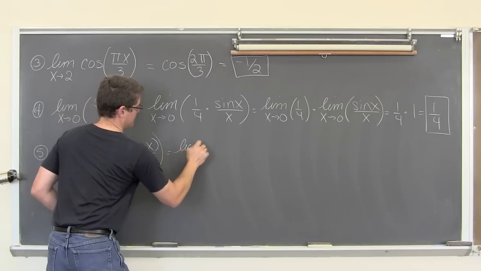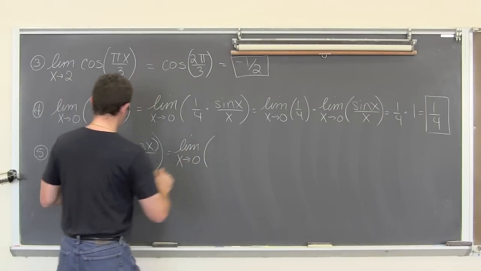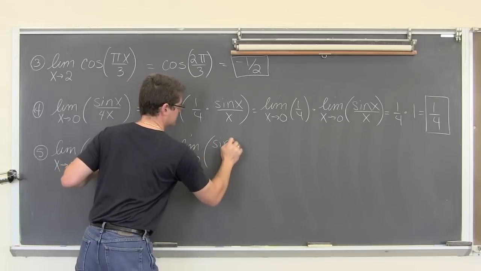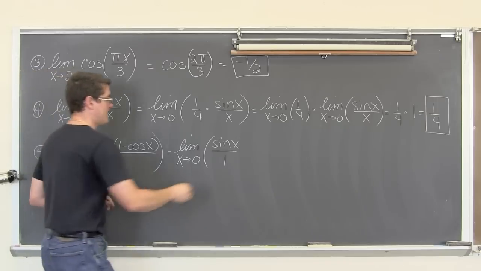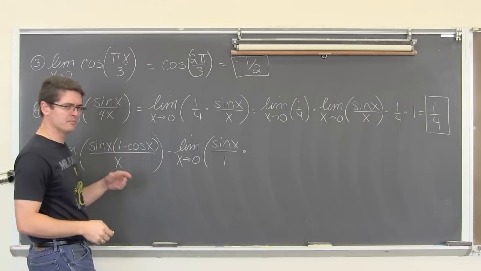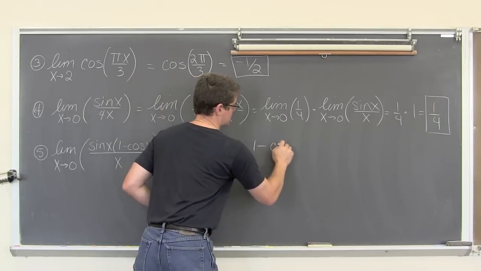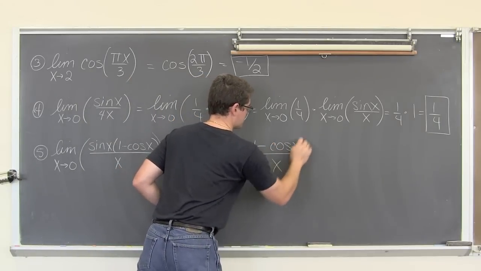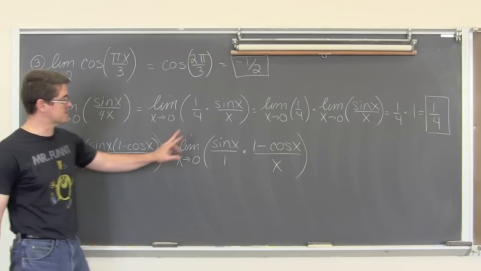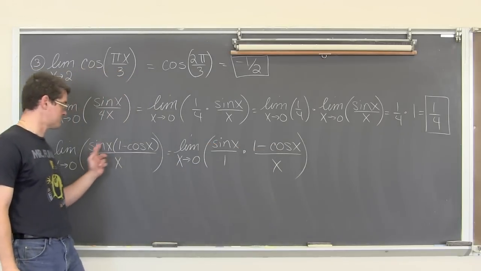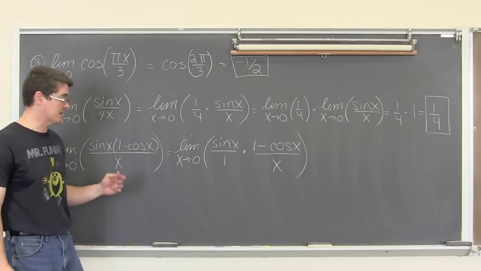The limit as x approaches 0 of sine of x over 1, that's really unnecessary, I'm just doing that for teaching, times 1 minus cosine x over x. I have just made this look different; I didn't change its value. Sine times 1 minus cosine x is what I have in my numerator, and 1 times x is just the x.